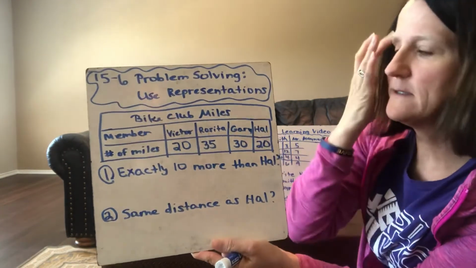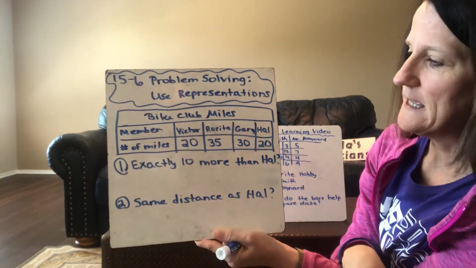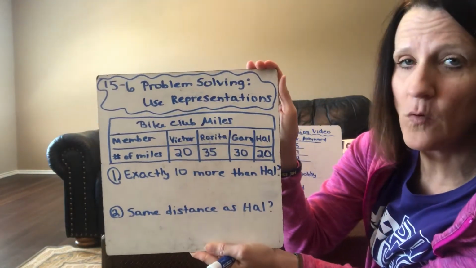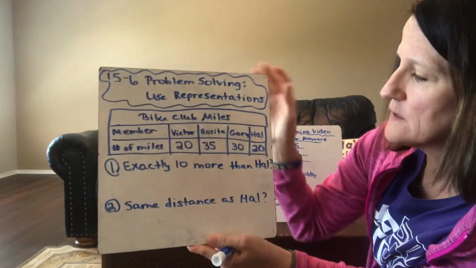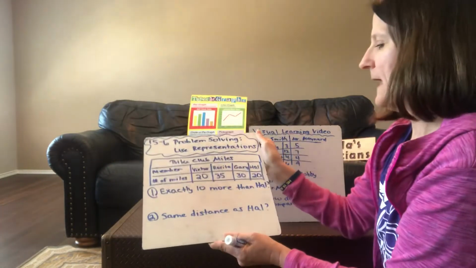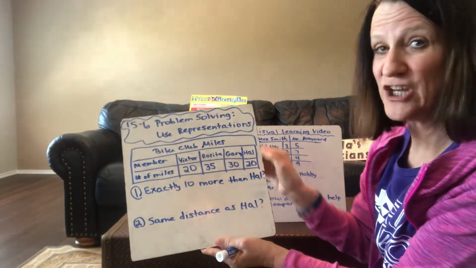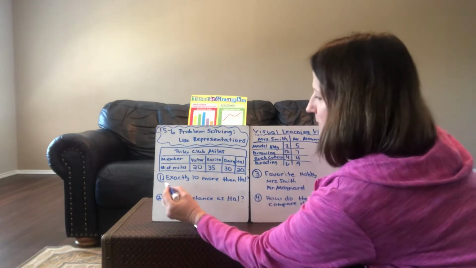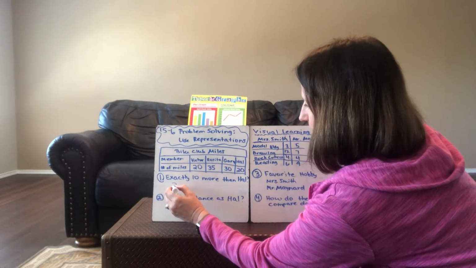When we look at the little table, number 1, which one had exactly 10 more votes than Hal? So when we think about 10 more, we look at Hal. Hal had 20. To find 10 more, we take the 20.